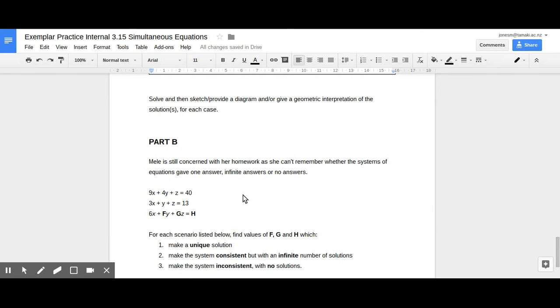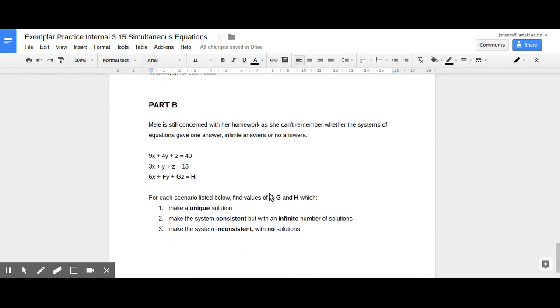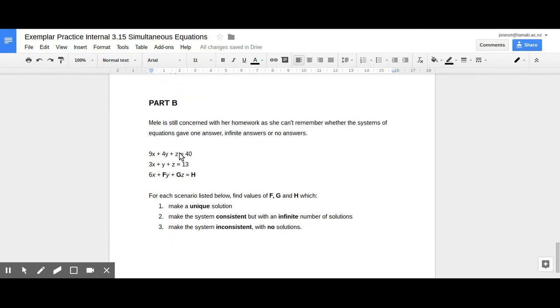Okay, so what we're going to move on to now is part B. In part B, we are now changing f, g, and h to any values that we want, and we're going to make a unique solution, a consistent solution that also has an infinite number of solutions. We've actually already done those first two situations above, but we're going to come up with some other numbers.